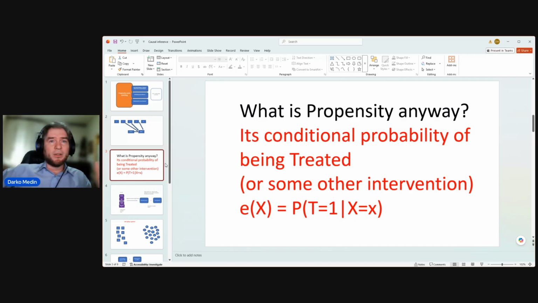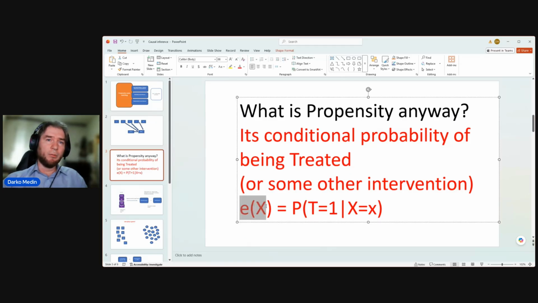just in different settings. So conditional probability, that here we can use this formula, and don't be intimidated by this formula. It's actually very simple. So conditional probability is nothing but a probability of being treated given some variables. These variables could be demographics like age, gender. They could be biomarkers. They could be disease scores, lab scores, or any other variables that we have in other fields.